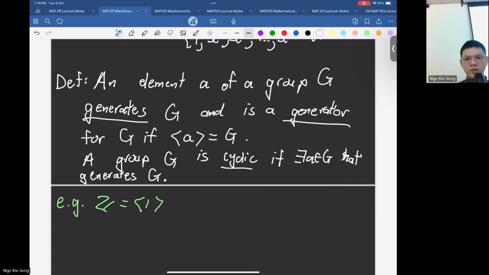So this is talking about one generator. Similarly to last time, we can talk about multiple generators.